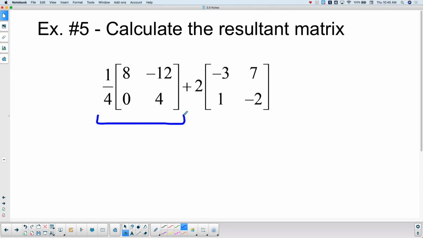So that one, if I distribute in the 1/4, I'm going to take this 1/4 and multiply it there, there, there, and there. Excuse me. 8 times 1/4 is 2. Negative 12 times 1/4 is negative 3. 1/4 times 0 is 0. 1/4 times 4 is 1.